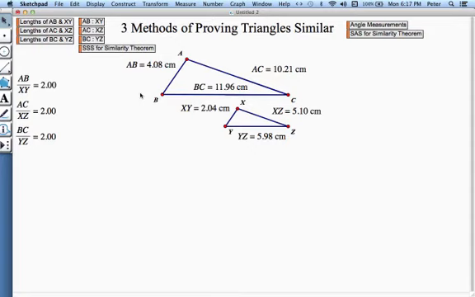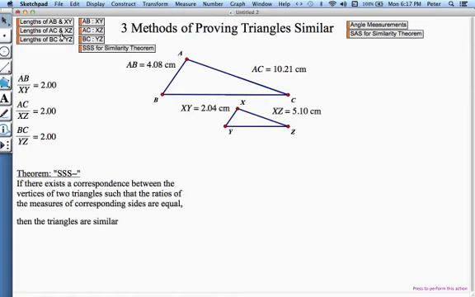Now, what I've just shown you is not a proof. The book presents SSS without a proof. I'm just showing you what they mean by it. So let's take a look at the entire theorem, though we will only ever refer to it as SSS with that little squiggle, side-side-side for similarity.